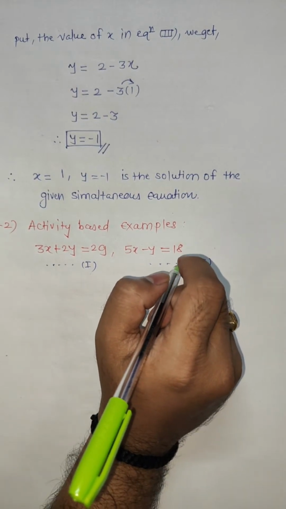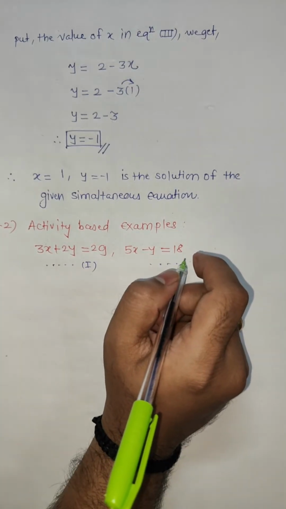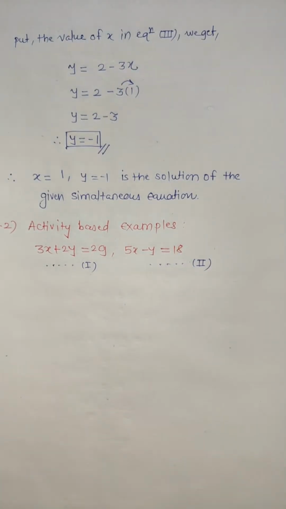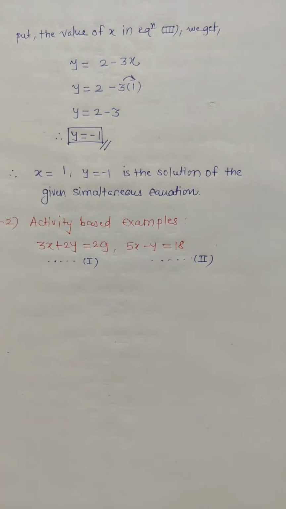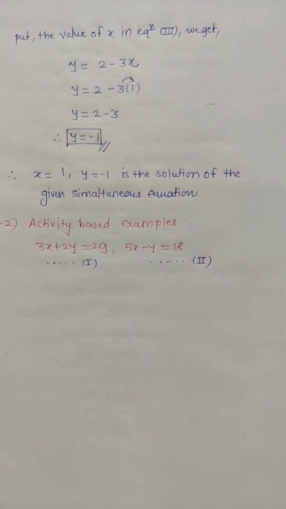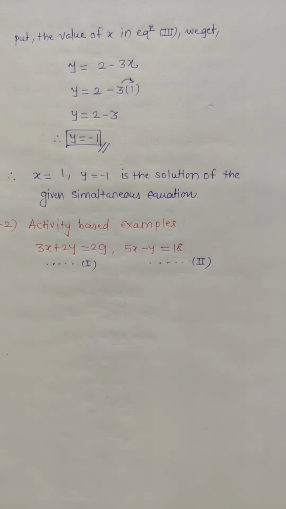Here the activity is given to you. Activity-based example: 3x plus 2y is equal to 29, and 5x minus y is equal to 18. That is equation number 2.